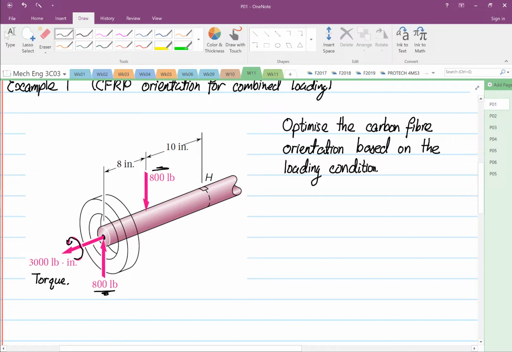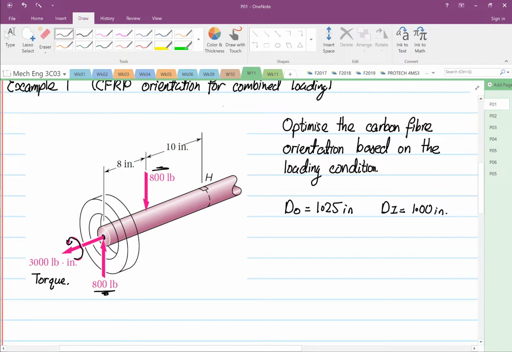So for this case, this shaft has an outer diameter of 1.25 inches and an internal diameter of 1.00 inches.